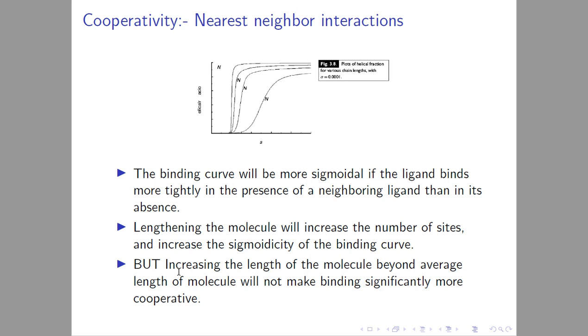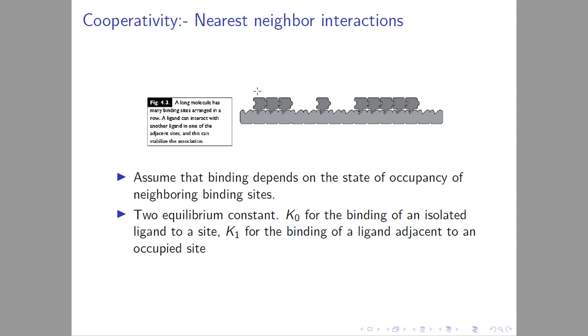But if we increase the length of the molecule beyond the average length, we will not make binding significantly more cooperative. So let's say we have a ligand binding here and a ligand binding here.